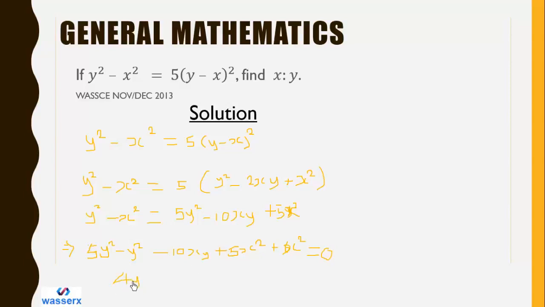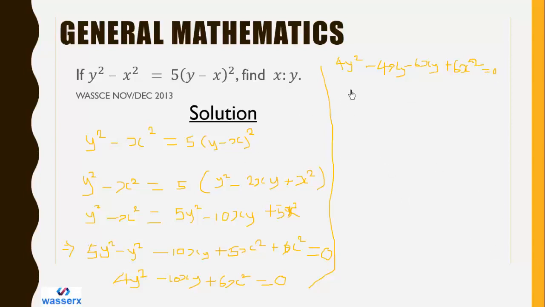Now we simplify to obtain 4y squared minus 10xy plus 6x squared is equal to 0. So now this is a quadratic expression, or a trinomial, that we need to factor. So this becomes 4y squared minus 4xy minus 6xy plus 6x squared equals 0.